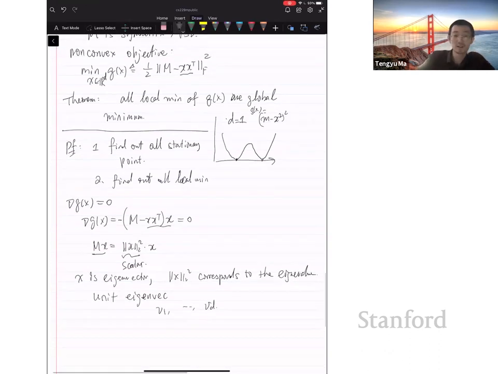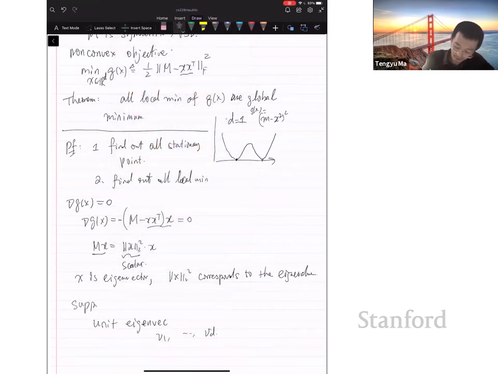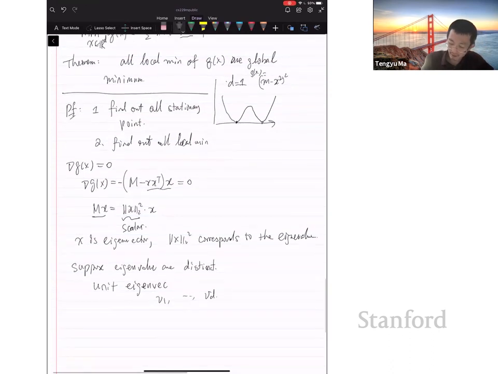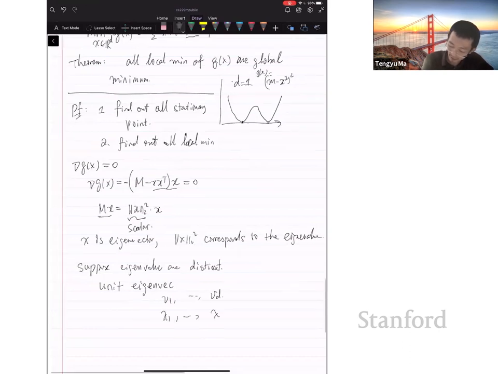Just for some intuition, suppose the eigenvalues are distinct, even though we don't have to assume this. Then you have unit eigenvectors v1 up to vd, and eigenvalues lambda 1 up to lambda d.